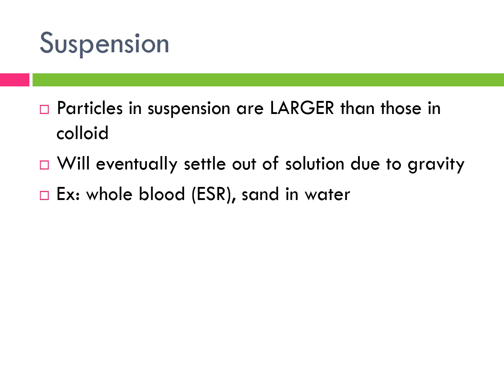The suspension is where particles in the suspension are larger than those in a colloid, so they don't actually move throughout as much as the colloid does. So they're in the suspension, but over time they will settle out.